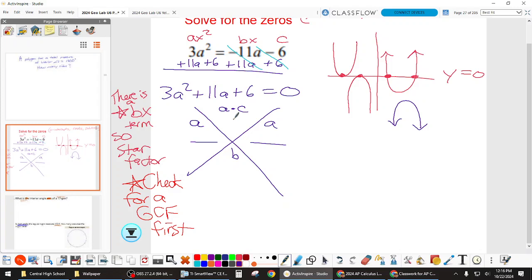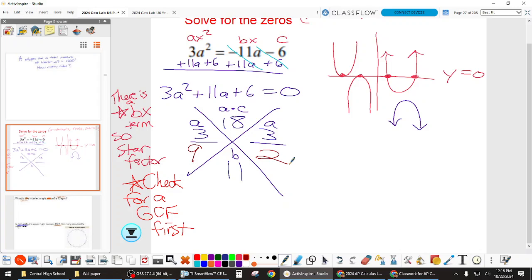Okay, what's A times C? What's B? 11, and A is 3. A is out front. We need factors of 18 that add up to 11. Are there any such factors? Good job. Yeah, 9 and 2. So we have 9 times 2 equals 18, and 9 plus 2 equals 11.